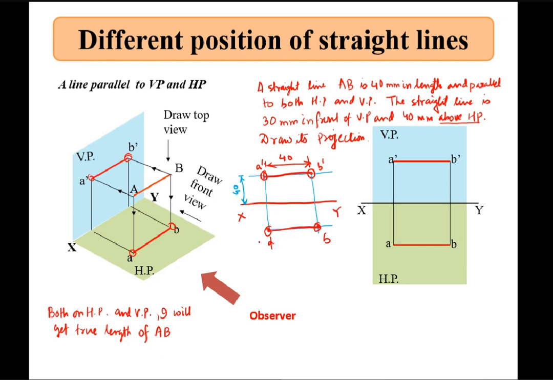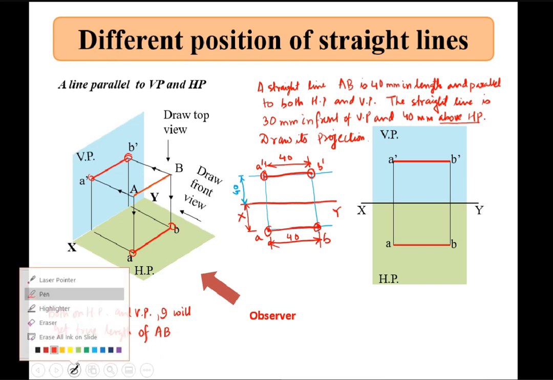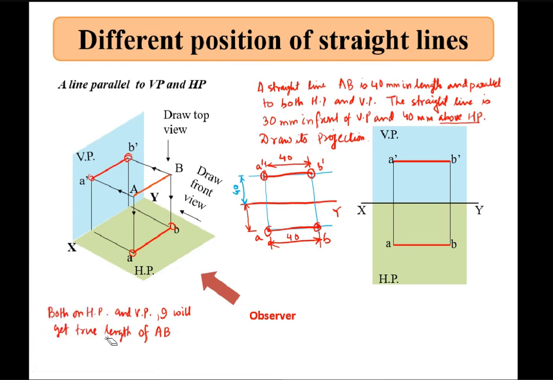Again I draw extension lines. This is my XY line. This will be 30, this will be point A and this will be point B. Now this is 40, this is 30, and I have drawn the projection.